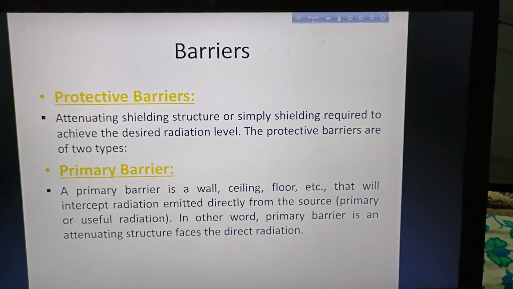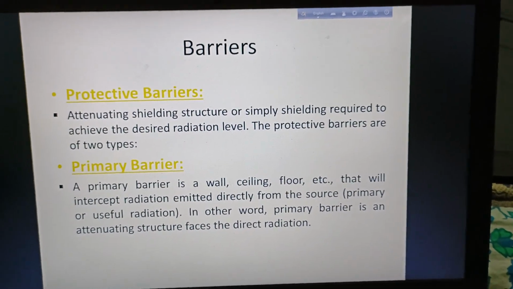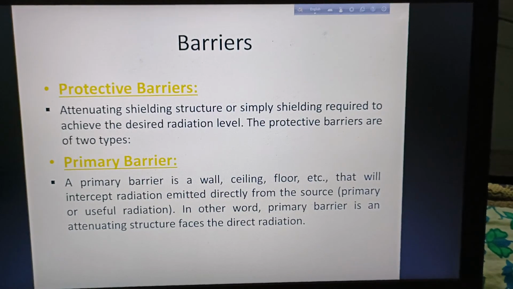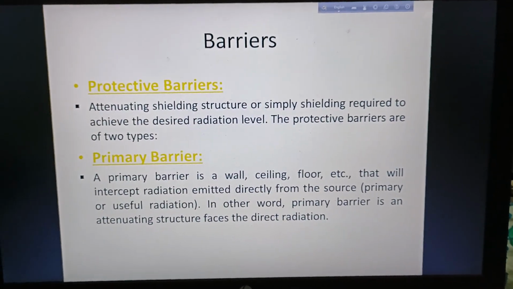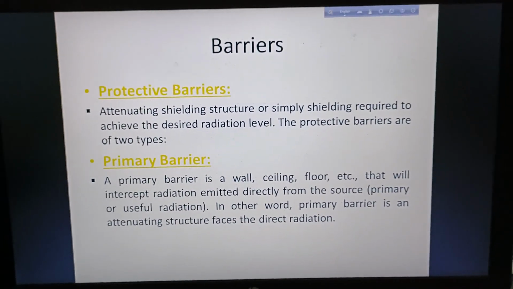Barriers. Protective barriers are basically primary and secondary: this is the primary barrier and this is the secondary barrier. What is a primary barrier? A primary barrier is the wall, ceiling, floor, etc. that will intercept radiation emitted directly.